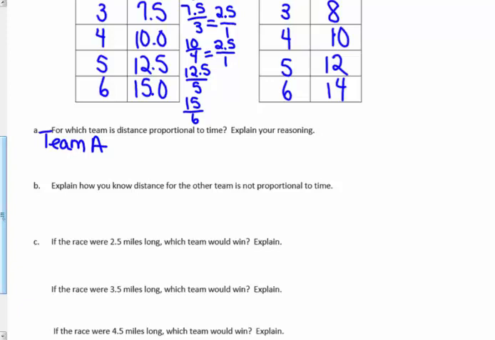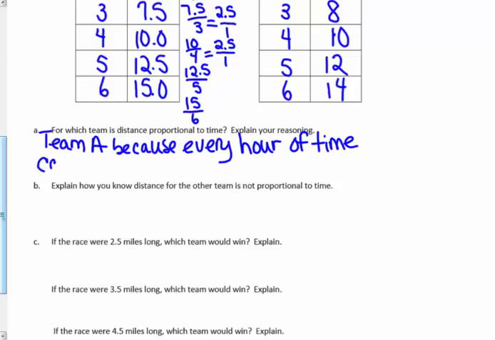Team A is the distance proportional to time because every measure of time, or every hour of time, each hour of time can be multiplied by 2.5, the rate, by 2.5 miles per hour to get the distance.